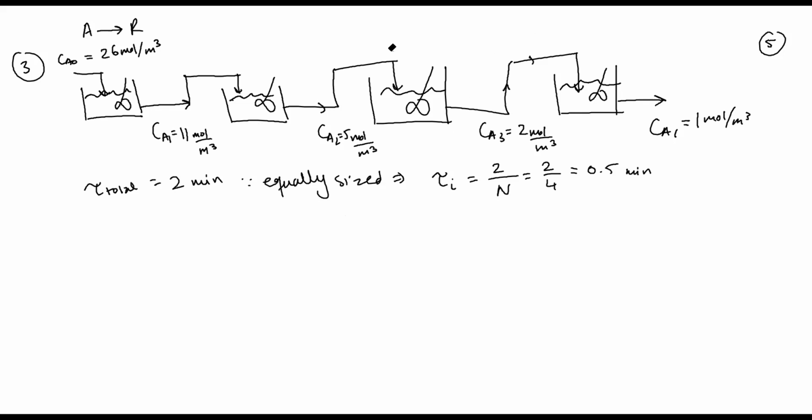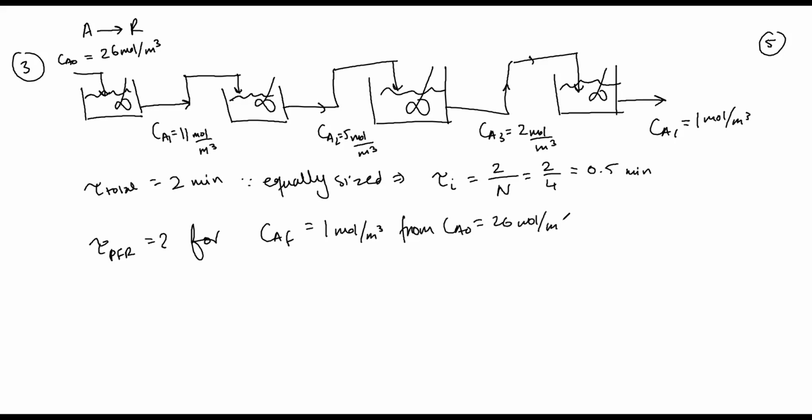So what are we being asked? You need to find the tau for a PFR for CAF to be equal to 1 mole per meter cubed from a CA0 of 26 mole per meter cubed.